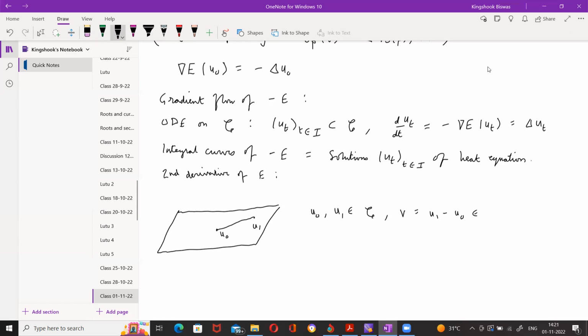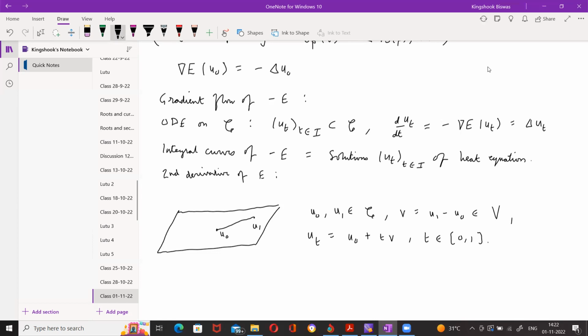This is in my vector space capital V. Then I look at the curve u_t. This is the straight line segment, it's u naught plus t v, where t belongs to [0,1]. So this joins the two points u naught and u1.